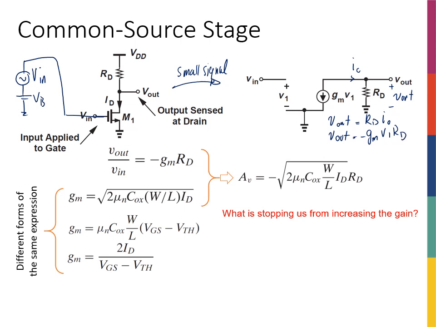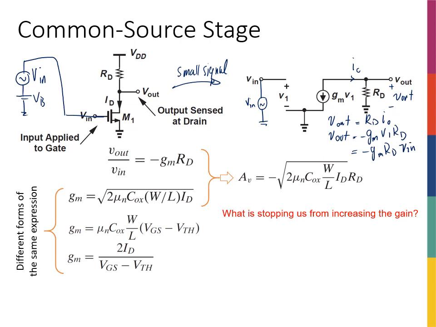Looking at the circuit, because it's small signal, this bias voltage is actually shorted, so I only have Vin in the AC model. Vin is from this point to ground, and so is V1. V1 is also from this point to ground. So V1 and Vin are the same thing, and I can write this as negative gm RD Vin.